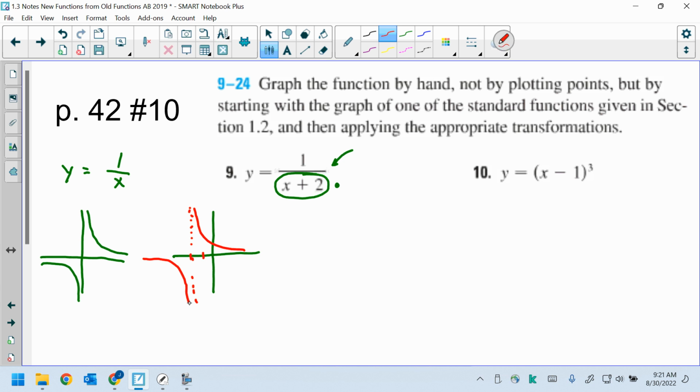Now for this next one, y equals x minus 1 cubed. Let's think of what we know. If I think of y equals x cubed, I'm thinking of something that looks like this. But did I mess with the x, or did I mess outside the parentheses? Yeah, I messed with the x, didn't I? Things are going to happen horizontally.